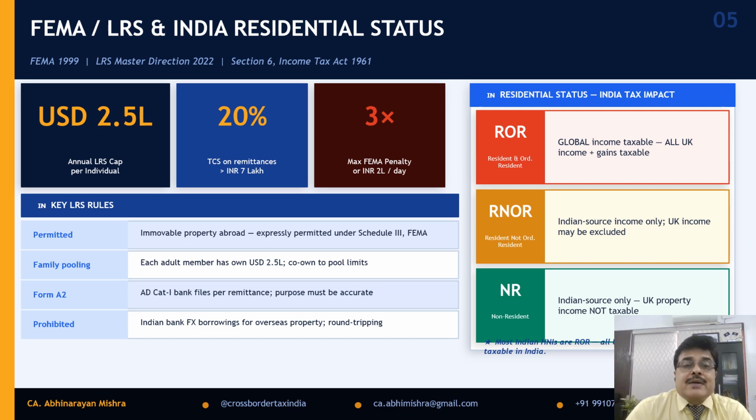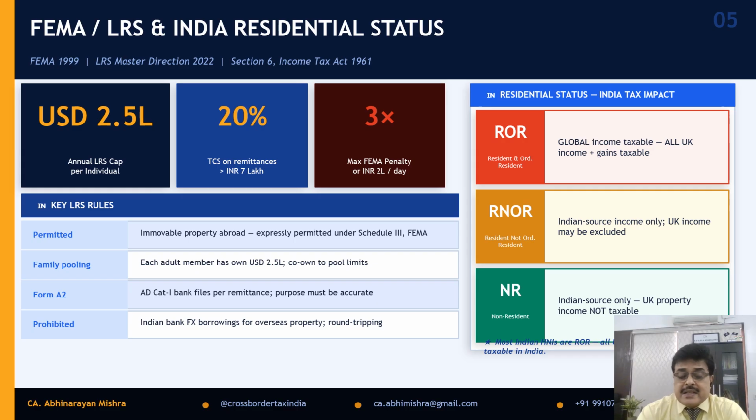Let us come back to the Indian situation, Indian compliance. You have FEMA, LRS, and residential status. Before remitting a single pound, understand LRS.